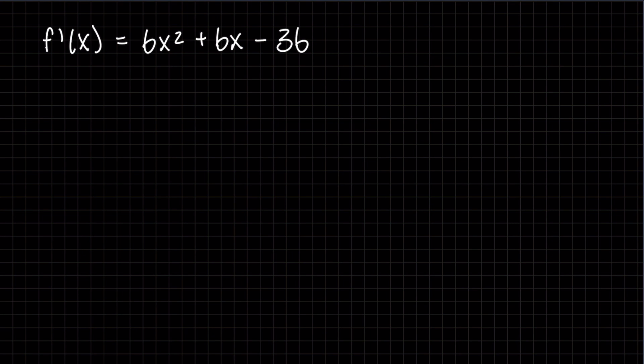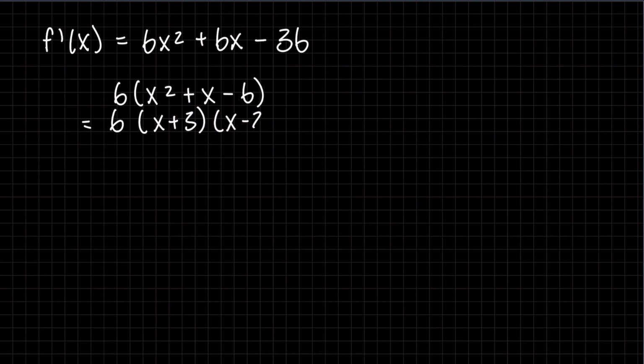So to factor, we are going to factor out a 6, and then factor the quadratic. And so now we find out that x is equal to negative 3 and x is equal to positive 2.